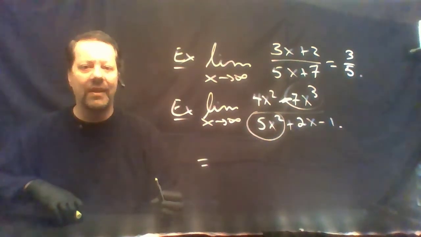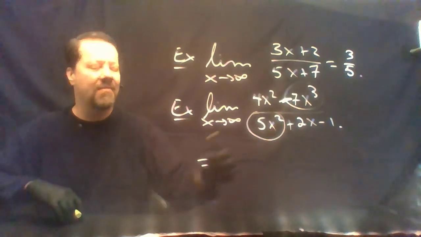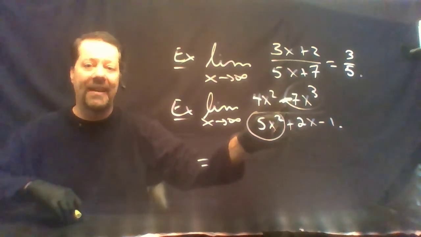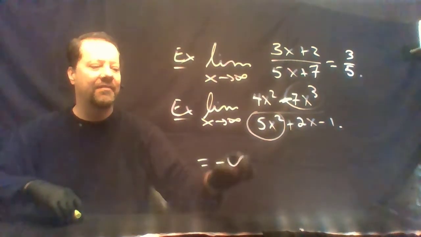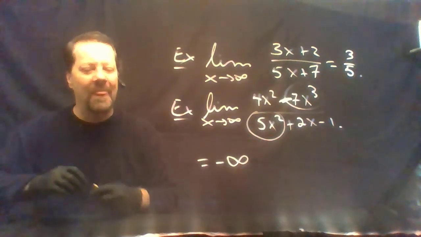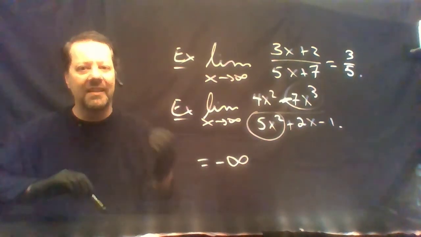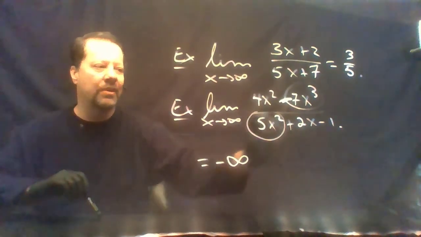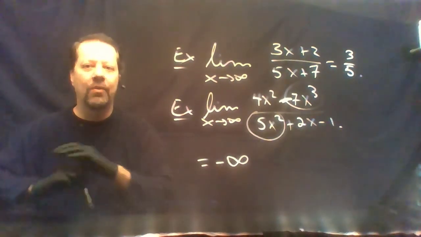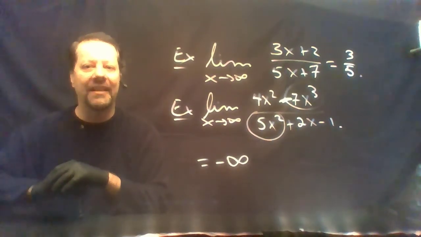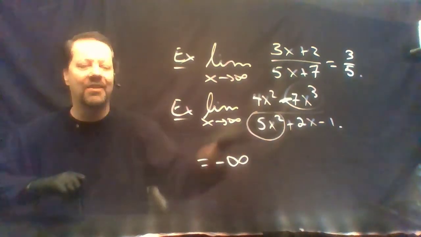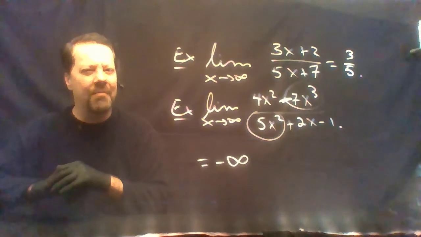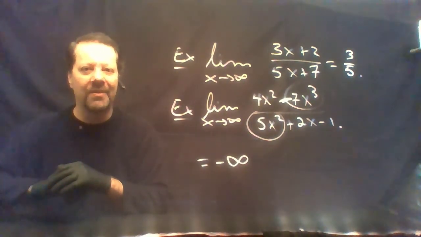The question is, do you get plus or minus infinity? The answer is minus infinity because of this negative. Now, this was purposefully misarranged in the top and not placed in the usual descending order in order to force you to look carefully at what was the highest degree term in the numerator. I'm probably going to do something similar to you on the exam.